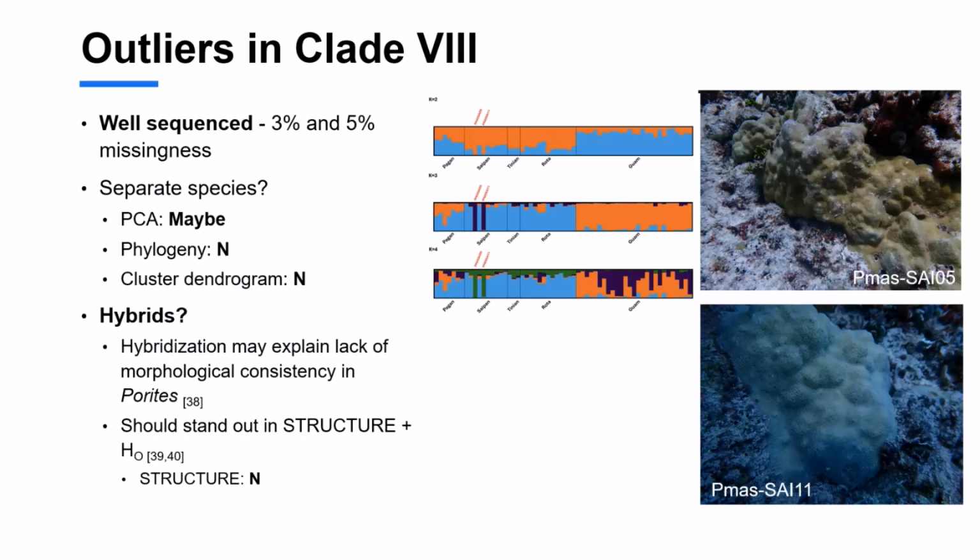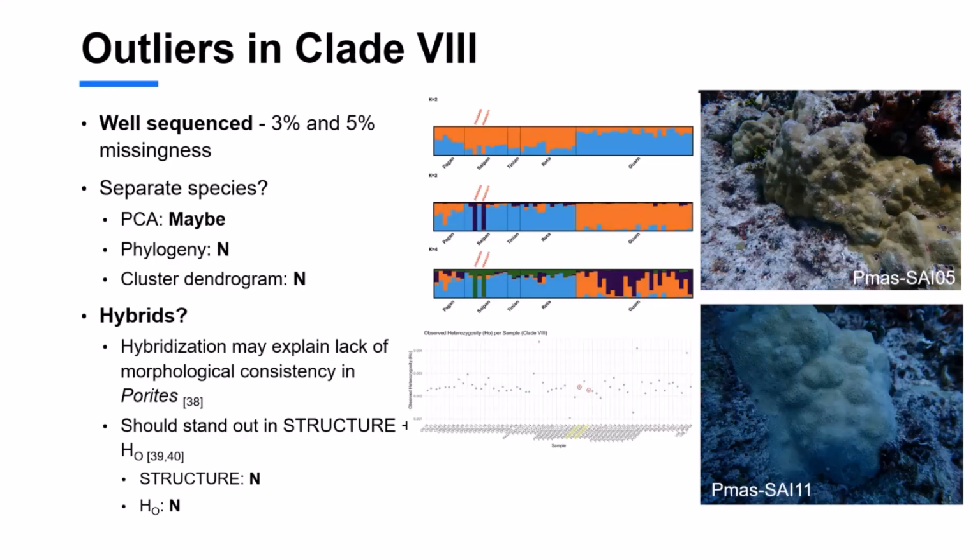And as you can see, they take up an entire genetic cluster purely by themselves. And while that does stand out, that actually lends more evidence to the separate species argument. Because if they were hybrids, we would expect around half of their genetic material from clade 8 samples and half from some external species. So structure results don't indicate that these samples are hybrids.